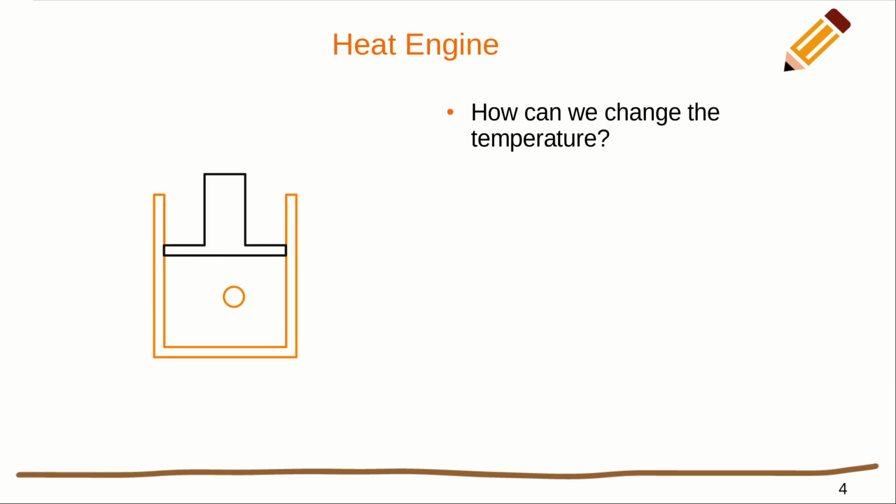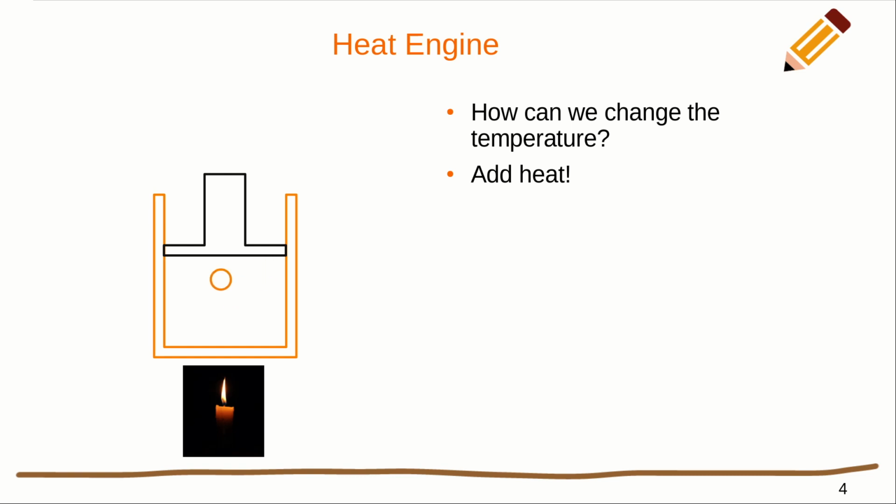So how can we change the temperature? Well, let's add heat. So here's some heat. When you add heat, what that does is that increases the temperature of the particles in the gas inside the chamber, and they start bouncing around even faster than they were before.